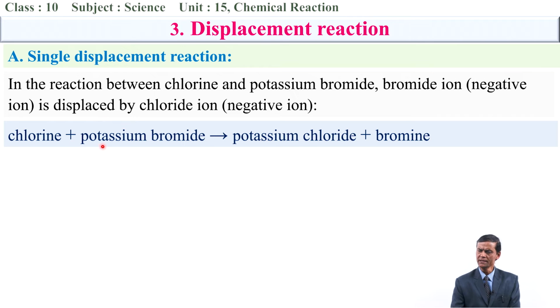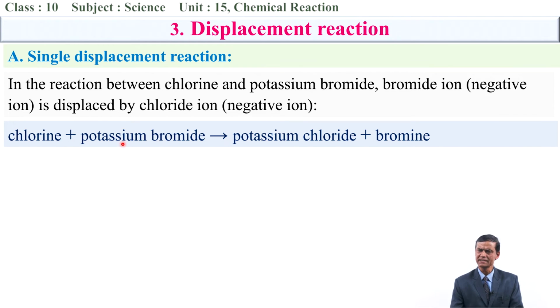So chlorine plus potassium bromide. Remember, we have already discussed the chemical reactivity of the elements in group 7. Fluorine, chlorine, bromine, iodine. Which is most reactive? Between chlorine and bromine, sure, chlorine is more reactive.